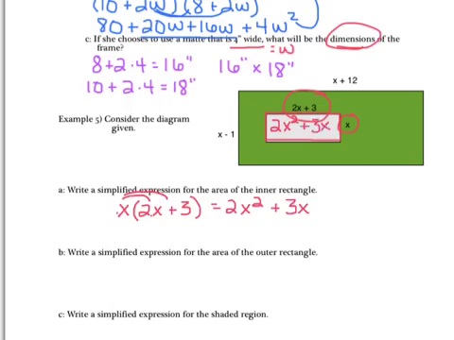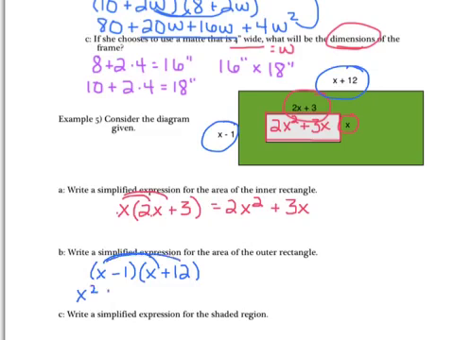Okay. The outer rectangle, I'm also going to do length times width, but these are two binomials, so here I'll have to use FOIL. X minus 1, x plus 12. Let's FOIL, so x times x is x squared.